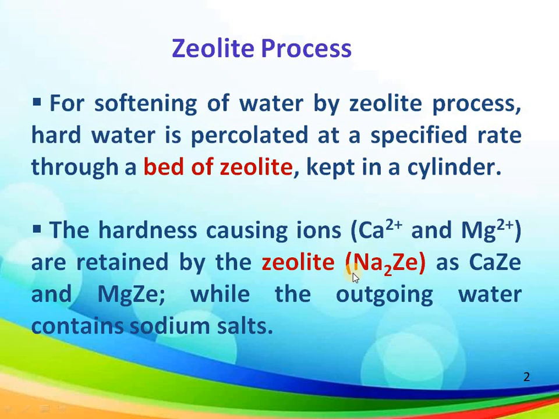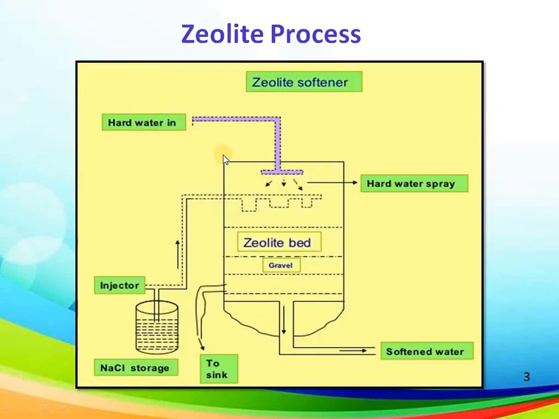In this method, hard water is percolated at a specific rate through a bed of zeolites. This is the whole diagram of the zeolite process, where hard water is passed in here, and this is the zeolite bed, which also contains gravel.